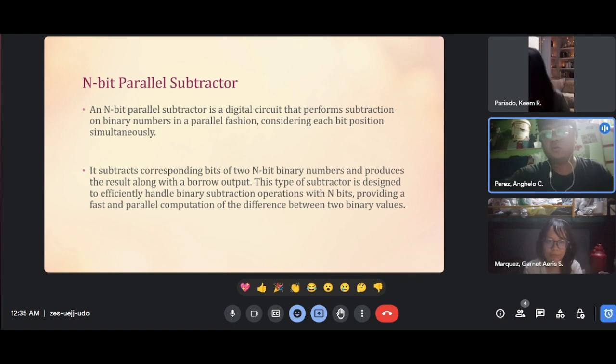It is like counting many off and on switches, or what we call bits. Bits are used to represent information in a computer, with n being a placeholder for a specific number, such as 8-bit or 16-bit. So I'm going to explain to you the four main parts of an n-bit parallel subtractor.